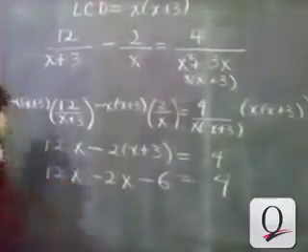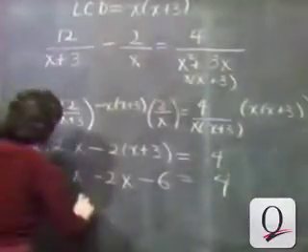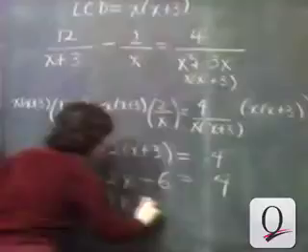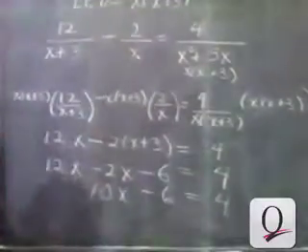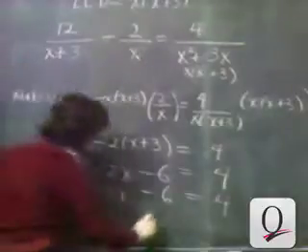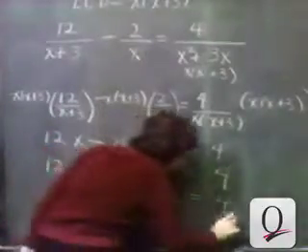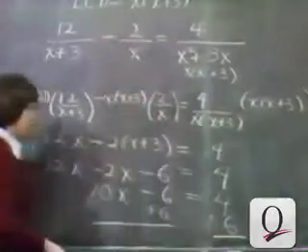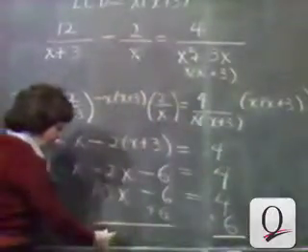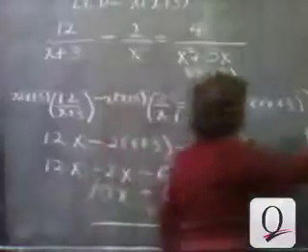Combining like terms, 12x minus 2x gives us 10x, minus 6 equals 4. Adding 6 to both sides gives us 10x equals 10.